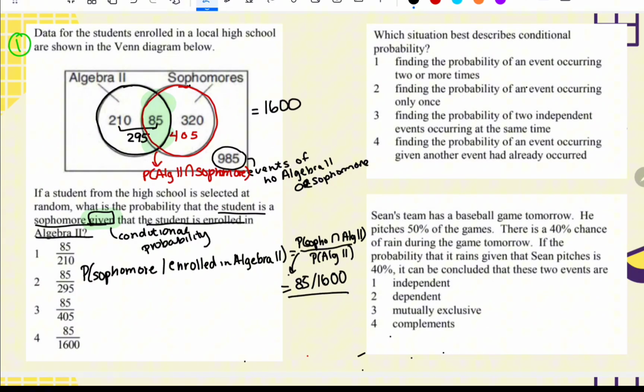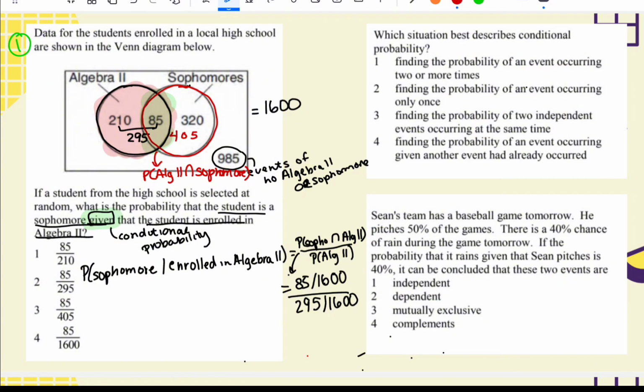The probability that they are in Algebra 2 is 295 over 1,600. People are going to say, well, why is it not 210? Because remember, this right here is the total number of students in Algebra 2, whether they are sophomores or whether they are not sophomores.